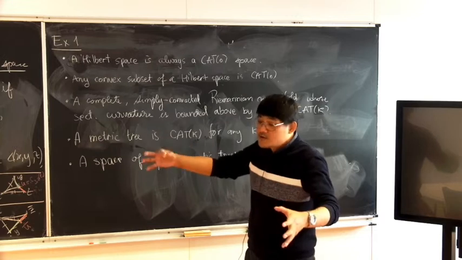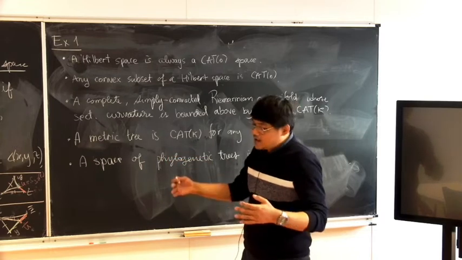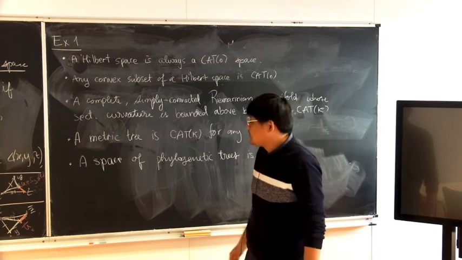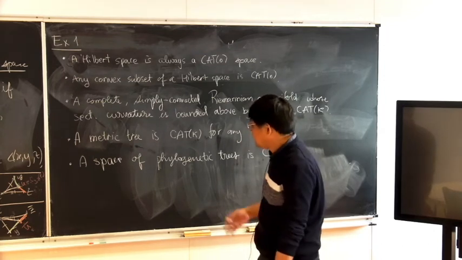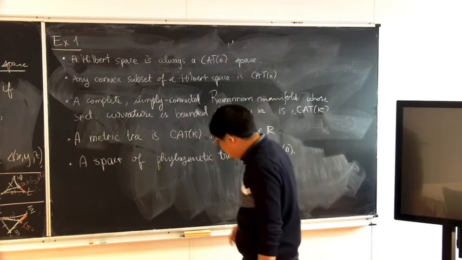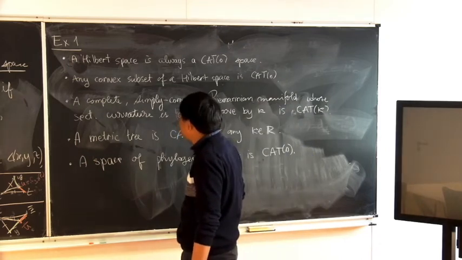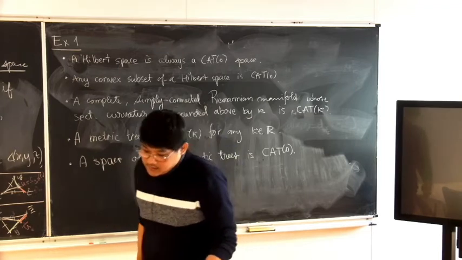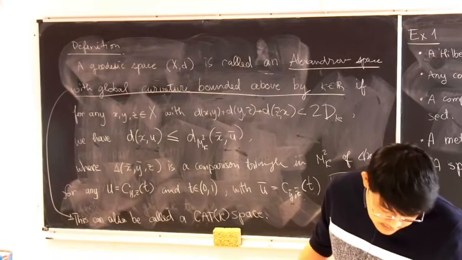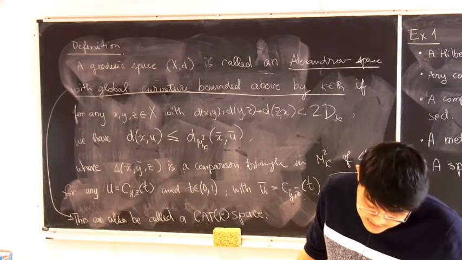If you take several CAT kappa spaces and glue them together with respect to some equivalence classes, if there are finitely many of them, then it will still be a CAT kappa space. Okay, so these are examples of CAT kappa spaces, and some of them have interesting applications as well.